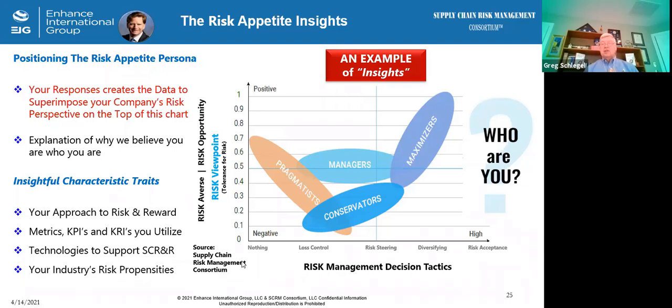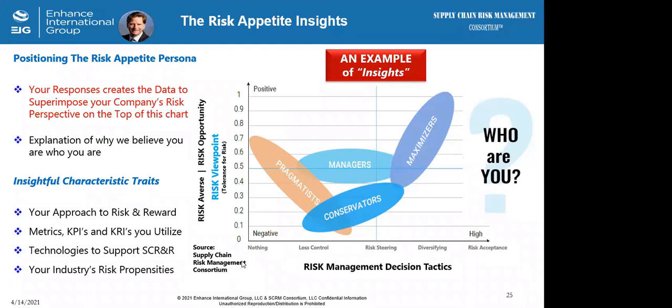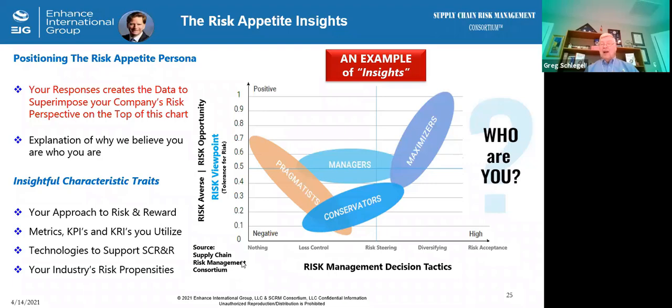You need to understand that. We are trying to provide insight so that you are aware of the risk appetite and the tactics that your organization tends to utilize to identify, assess, mitigate, and manage risks. That's why we do this.